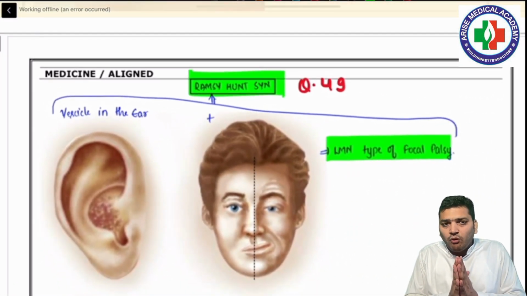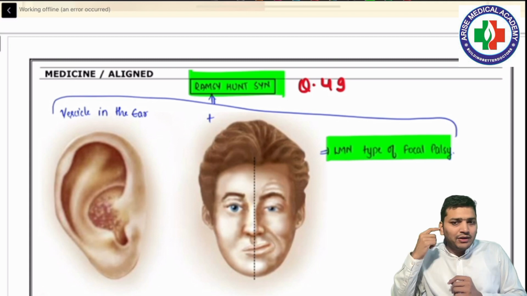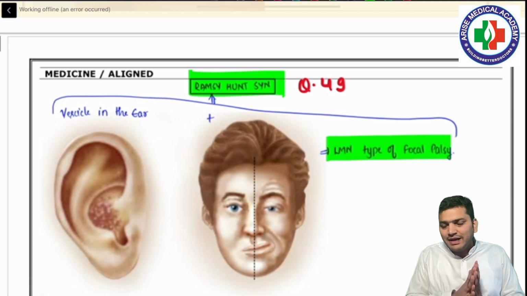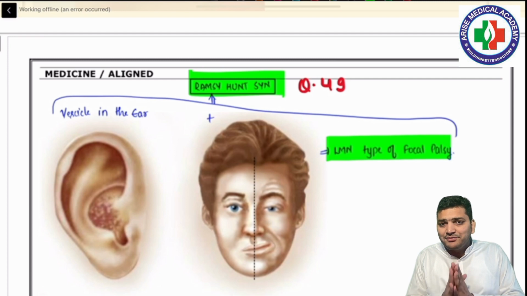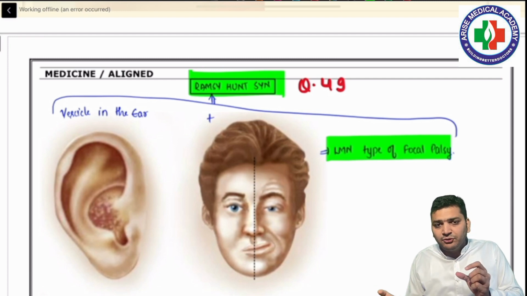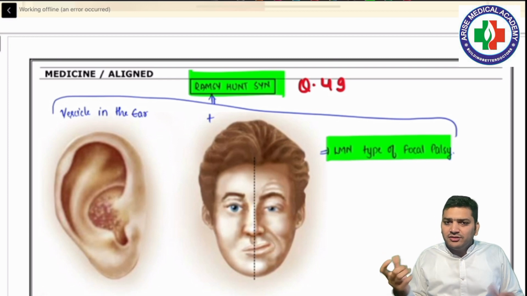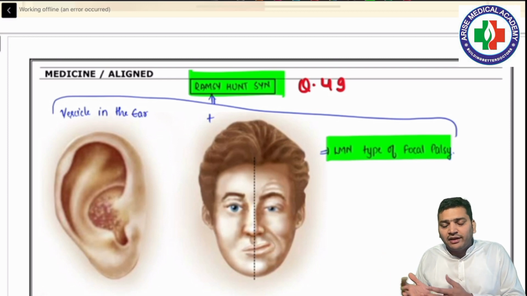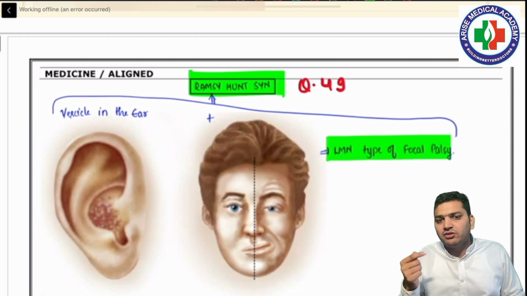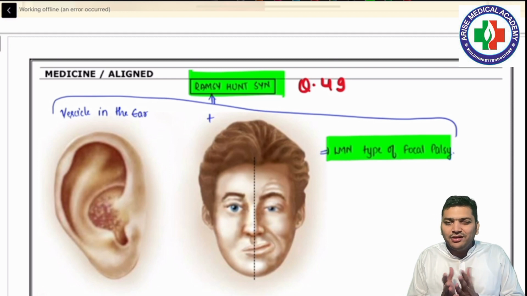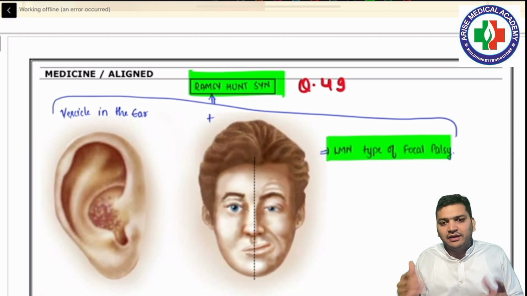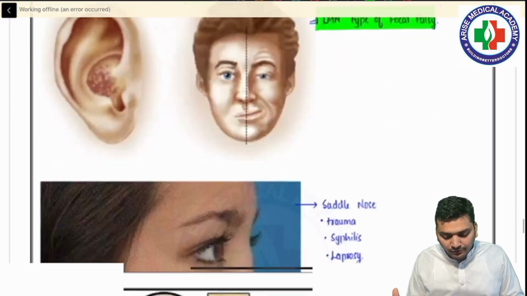So we understand that vesicles are there, facial palsy is there, it's Ramsay-Hunt syndrome. They asked what is the diagnosis, and the option was Ramsay-Hunt syndrome due to involvement of the basal ganglia or geniculate ganglion. See, obviously there is nothing to do with the basal ganglia. It is the geniculate ganglion where the reactivation of the virus happens, right? So Ramsay-Hunt is the lower motor neuron type of facial palsy that is related with the geniculate ganglion.